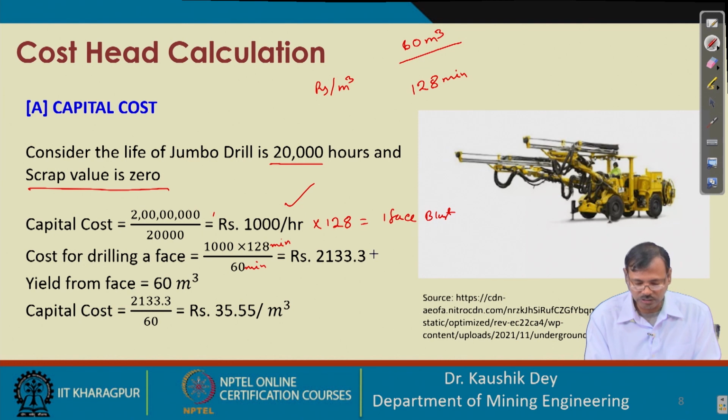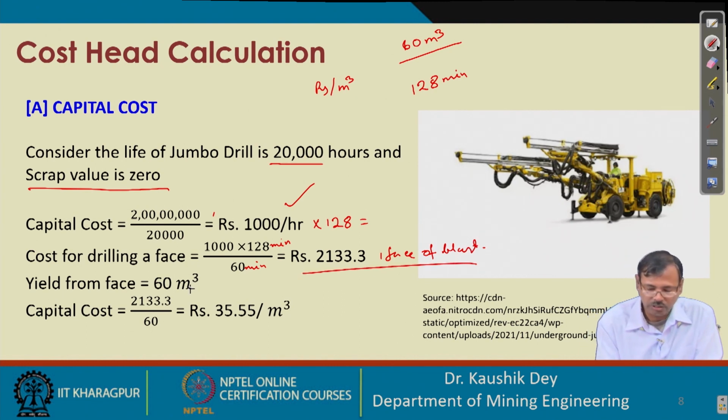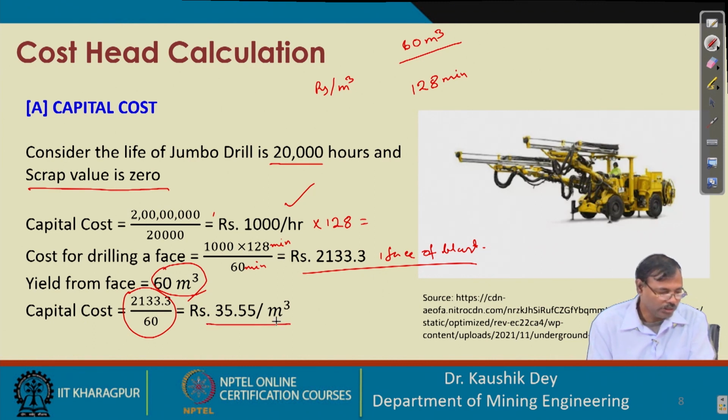So, now this is the cost of engagement of one phase of blast. Okay. And in one phase of blast we get 60 meter cube of material. So, this 60 meter cube of material gives us the capital cost of 35 rupees 55 paisa. Okay. So, that is the costing we have here.